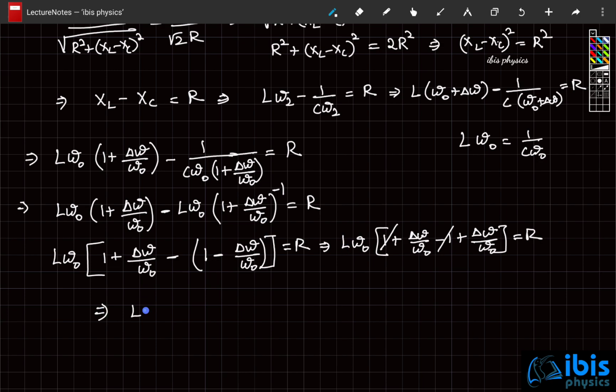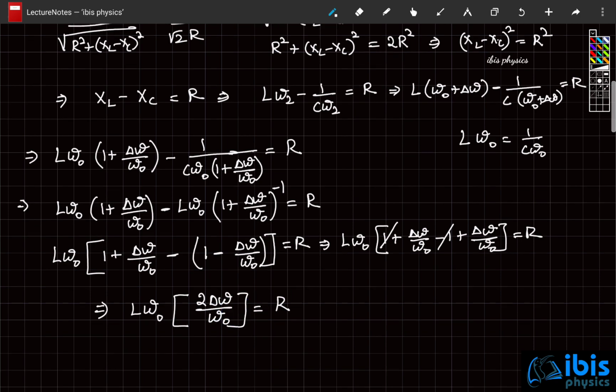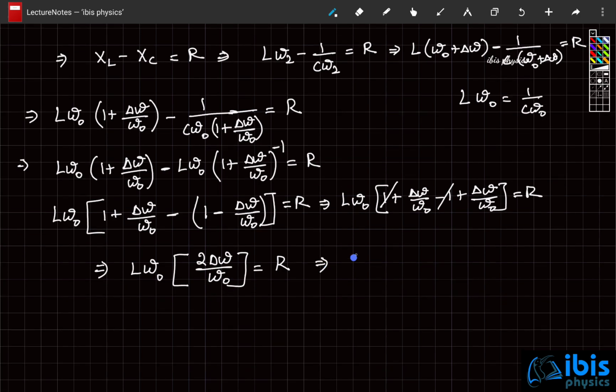We are only concerned about the number. So L omega naught into 2 times delta omega by omega naught, the reciprocal of the quality factor or sharpness of resonance, is equal to R. Before taking the reciprocal, 2 delta omega by omega naught equal to R by L omega naught.